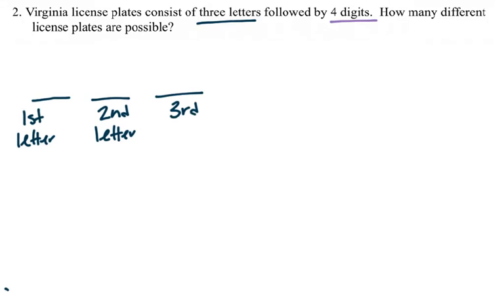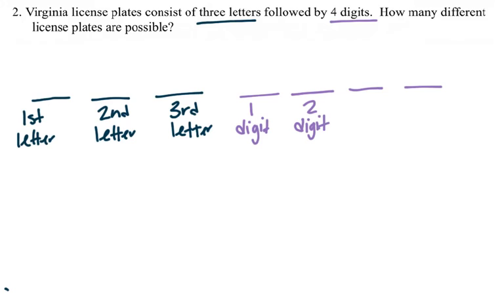Okay, so there's 4 digits. So 1 digit, 2 digit, 3 digit, and 4 digit. So now we have to think about all the possibilities.